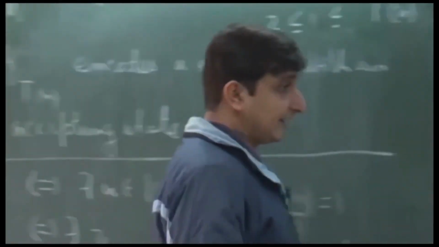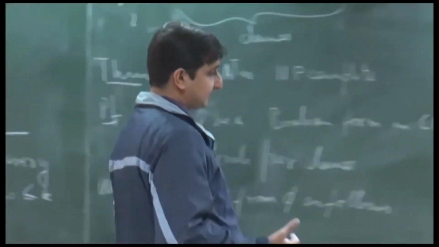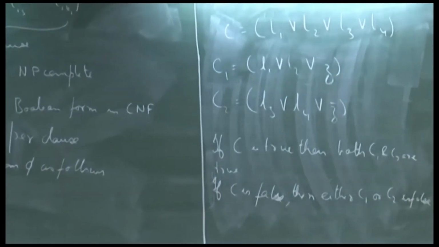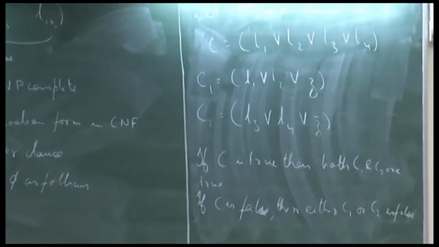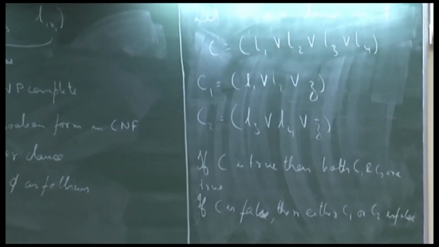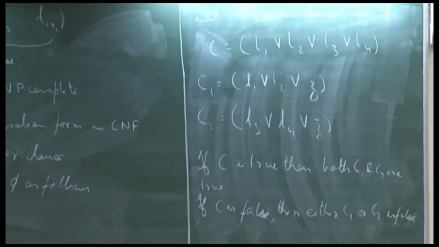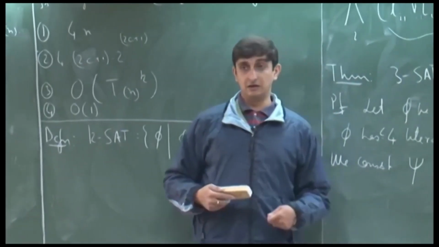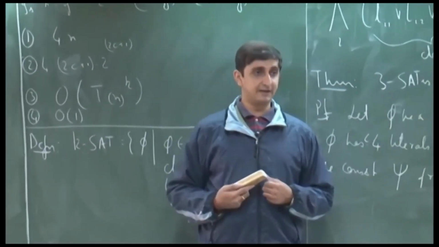That is in some sense what is expected, because 2 SAT, as it turns out, has complexity much lower than that of 3 SAT. 2 SAT is not only in polynomial time; in a couple of lectures we will see that it lies in a complexity class even smaller than polynomial time.